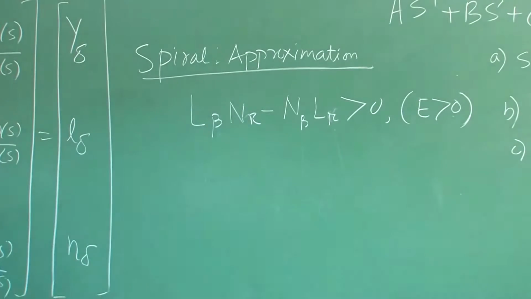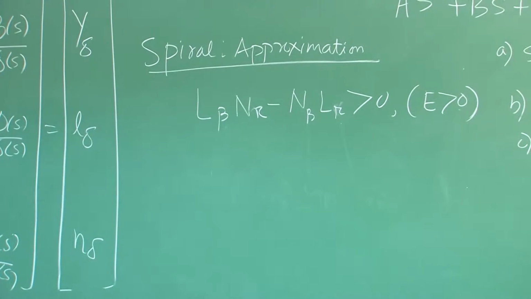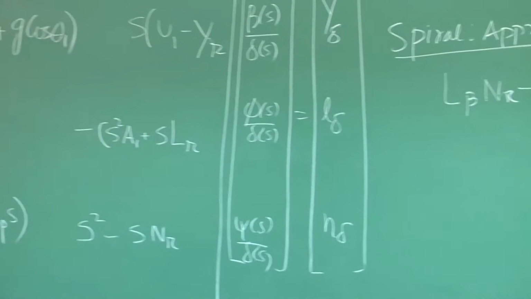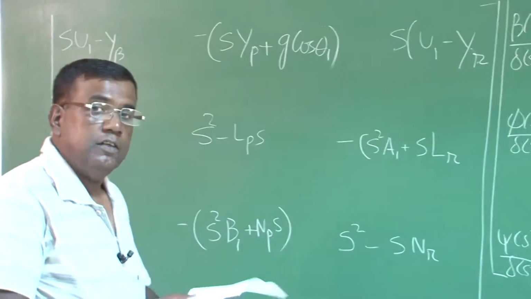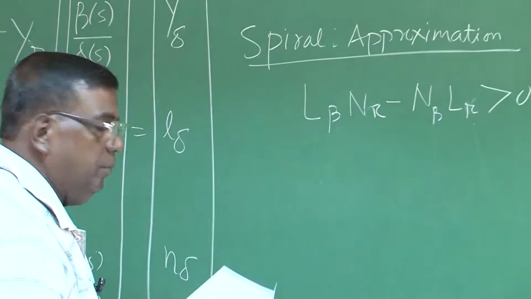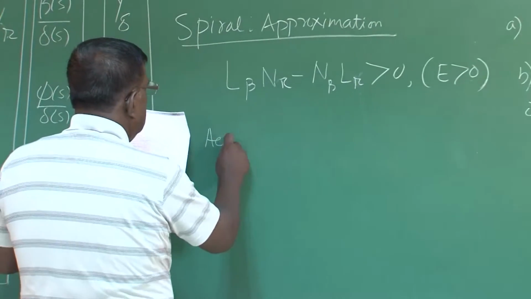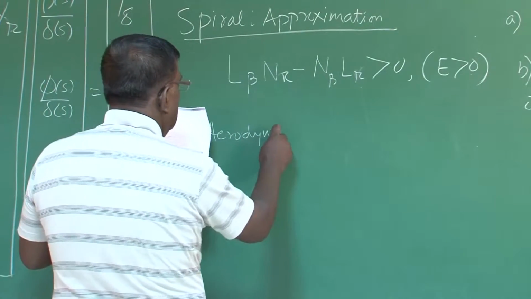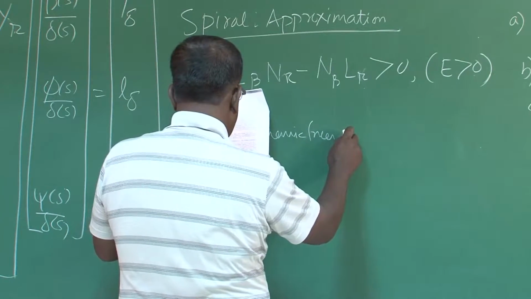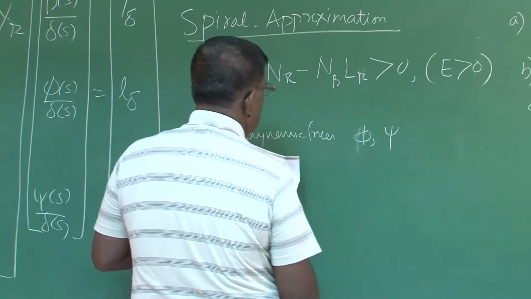And I again caution you that these approximations are generally not very good approximations. Still, they are good enough for a designer to get some feel for basic design parameters. So now we'll be talking about the spiral approximation. Before we go for it, please also understand that the aerodynamic forces do not largely depend upon phi or psi.